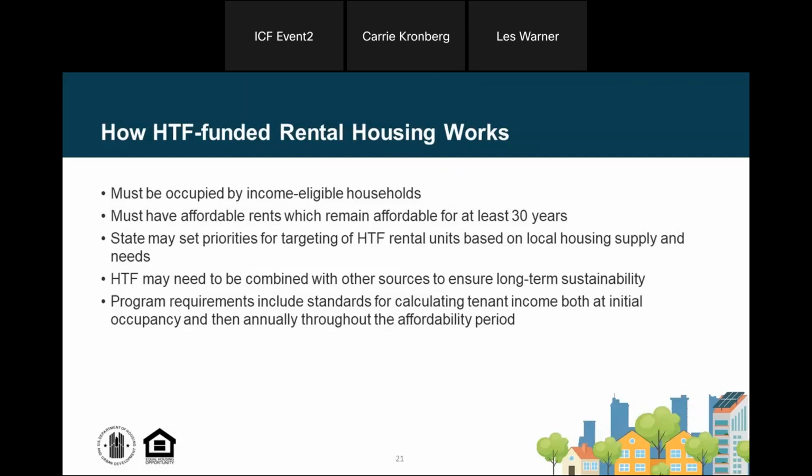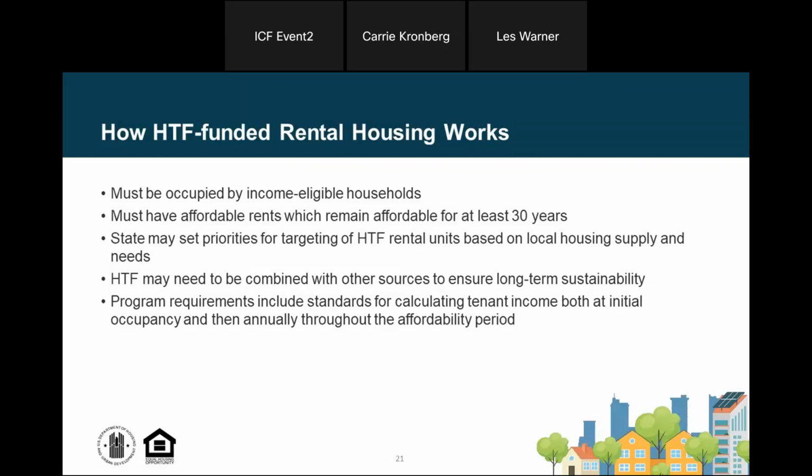Similar to the HOME program, the Housing Trust Fund program requires some standards in place on how we're going to calculate tenant income, both at initial occupancy and then annually throughout that affordability period. So we're going to define what's going to be counted towards income when we determine whether this household is meeting that eligibility requirement.